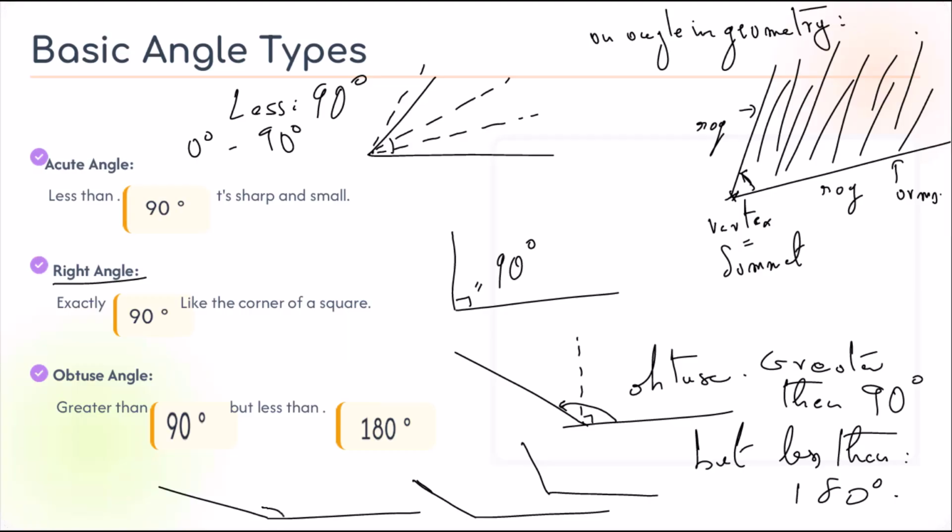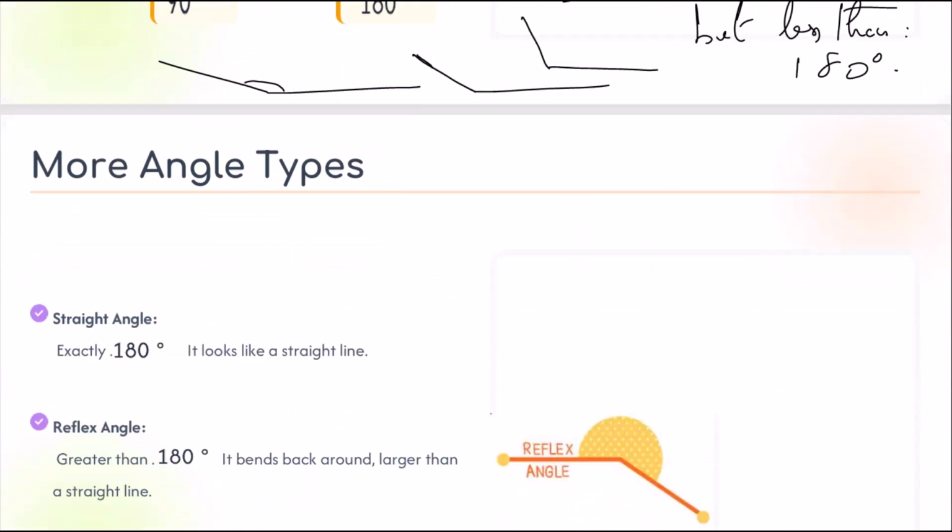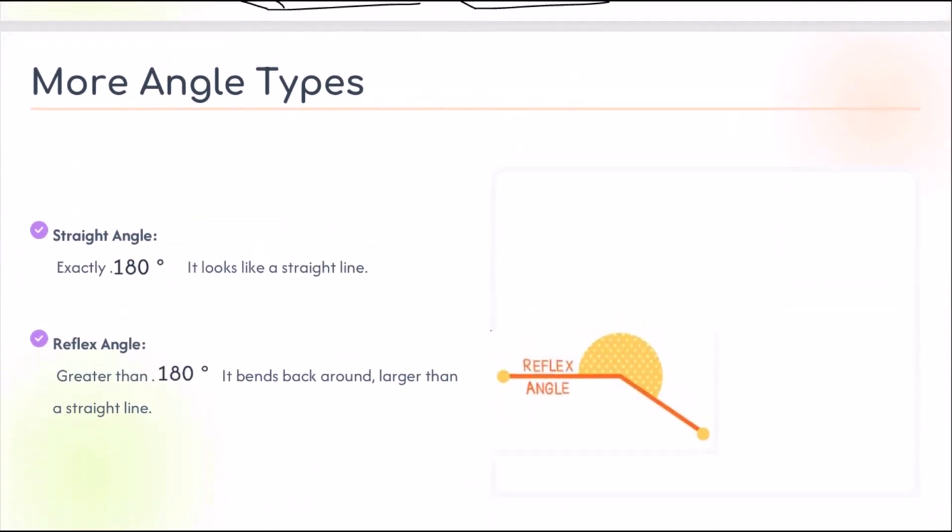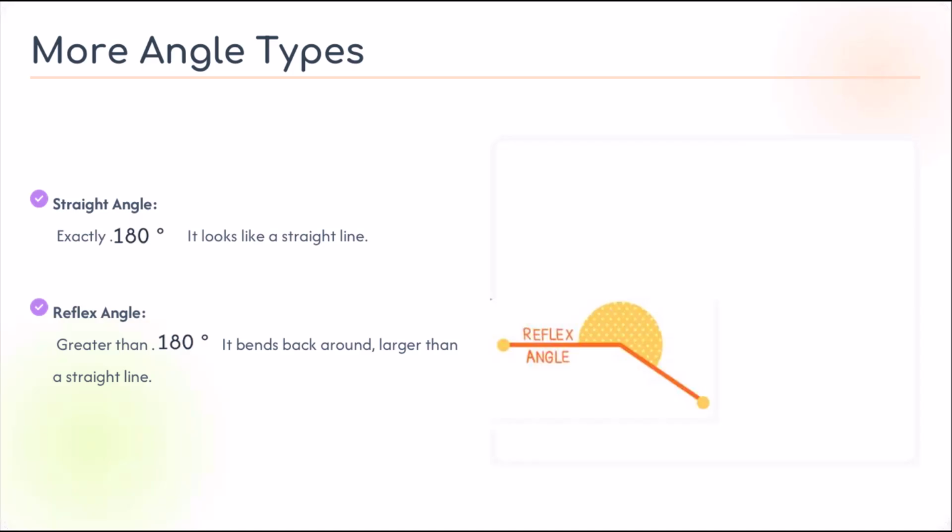And of course we can talk about the straight angle. That's very obvious, which is an angle on a straight line, which measures exactly 180. And we can talk about something bigger than the straight line, which is something that looks like this, which is bigger than 180, let's say 200 degrees.